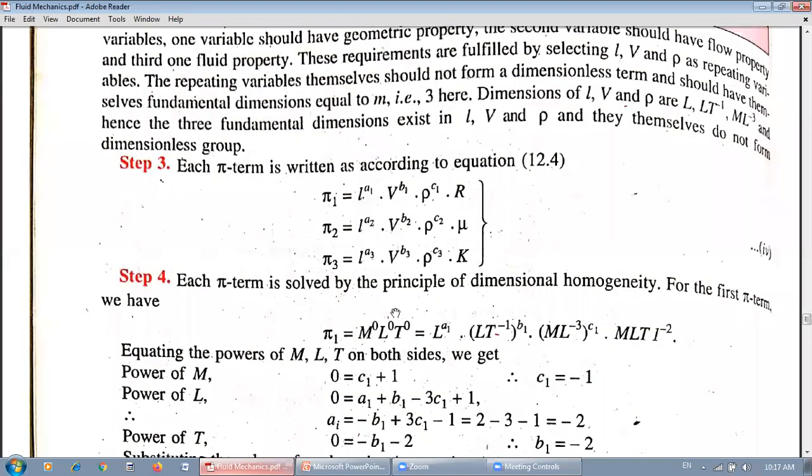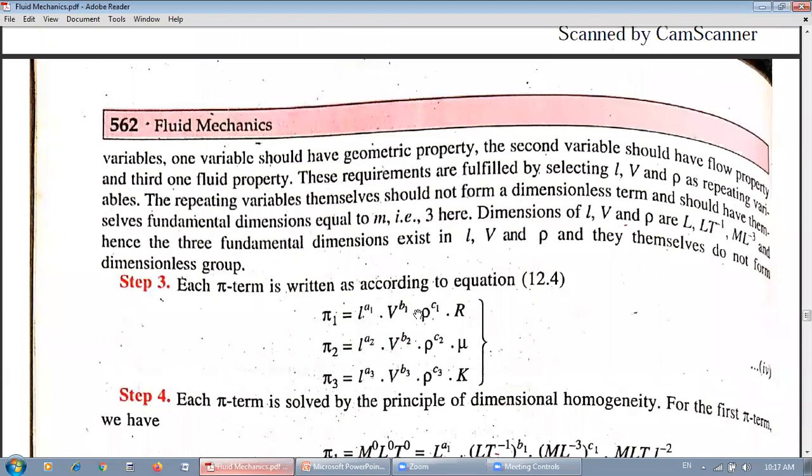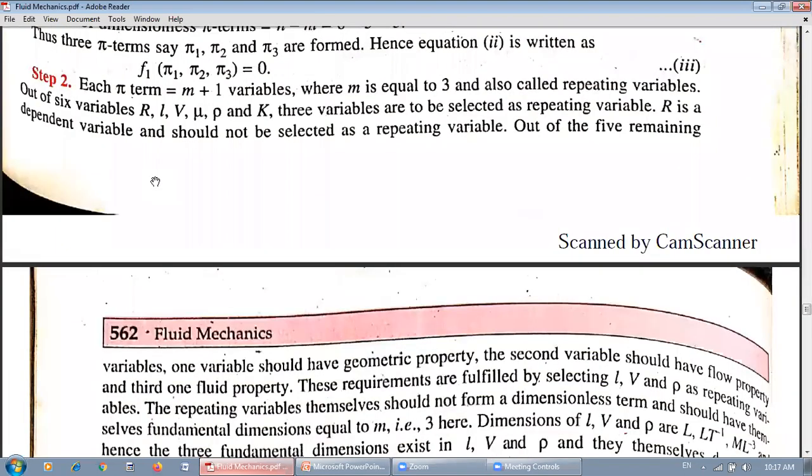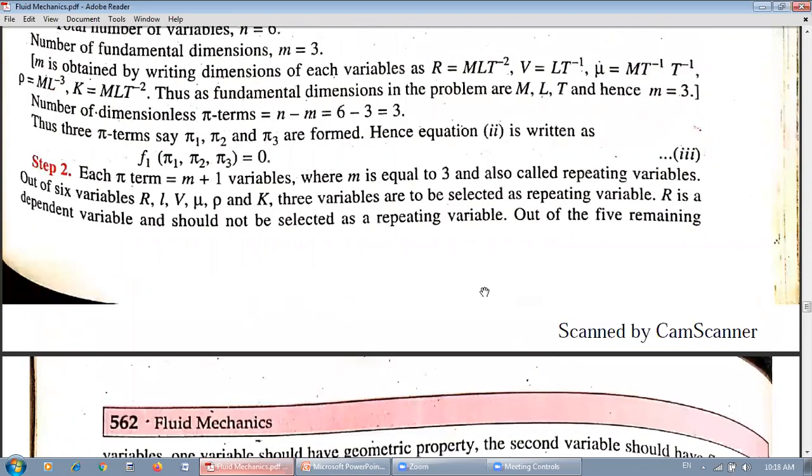If we look at the numerical, R, L, V, mu, rho and K, there are 6 variables. Out of the 6 variables, one more thing: R is a dependent variable and should not be selected as a repeating variable. So your dependent variable should not be your repeating variable.